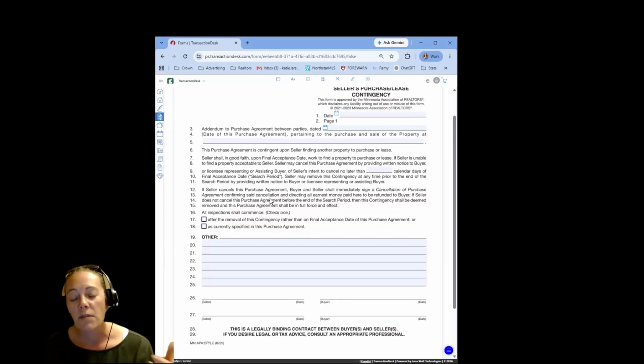Then it goes on to say what happens if the seller does cancel the purchase agreement because they can't find a house. It says they'll both sign a cancellation of purchase agreement and direct all earnest money paid here to be refunded to the buyer. If seller doesn't cancel the purchase agreement, then this contingency shall be deemed removed.